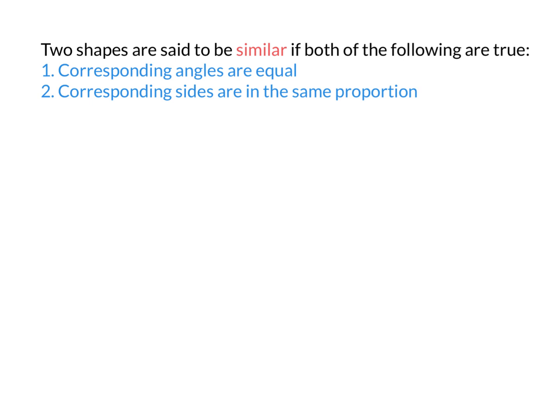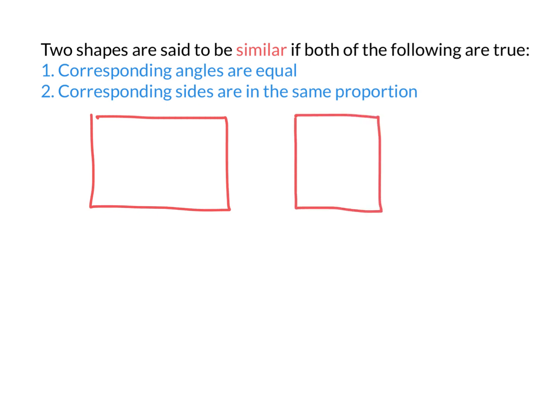So two shapes are said to be similar if both of the following are true. Corresponding angles are equal and corresponding sides are in the same proportion. So I'm going to draw a picture to show you that it's possible to have one of these without the other. The first shape is a non-square rectangle and the second shape is a square.